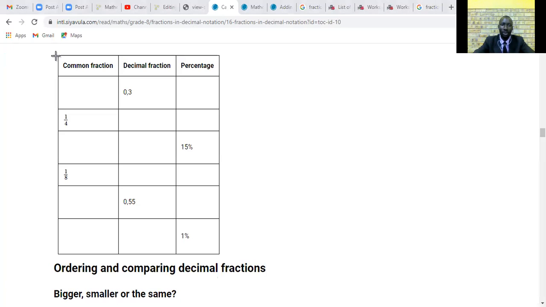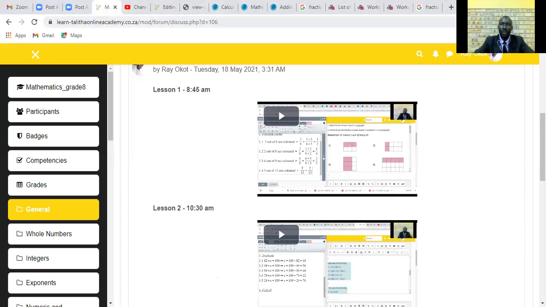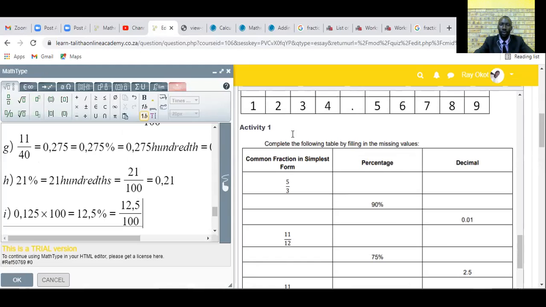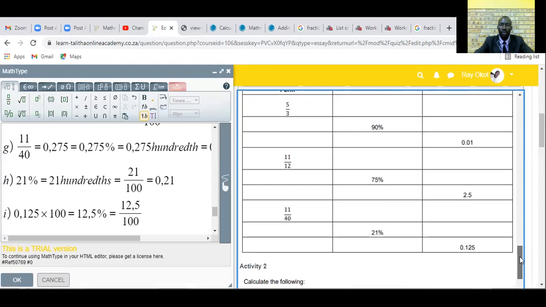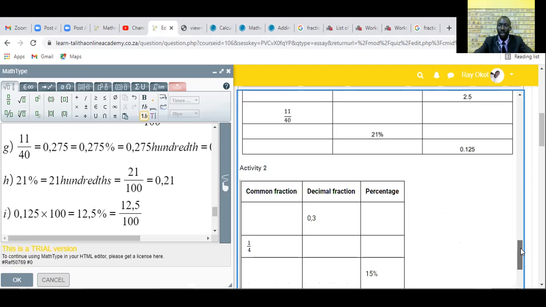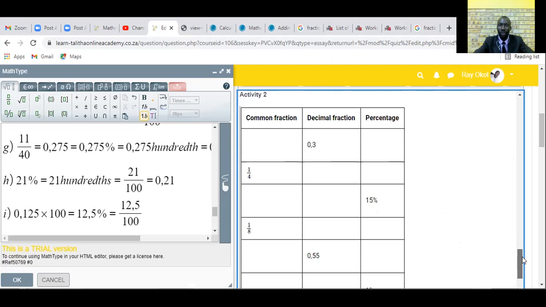And because we are supposed to complete the table, we have these quantities here. So I'm putting this right away into an activity for you. I would like to call it activity 2. So activity 2 will be this that you need to fill. Yes, this is activity 2 that you need to complete.